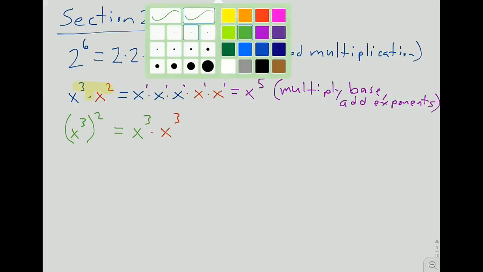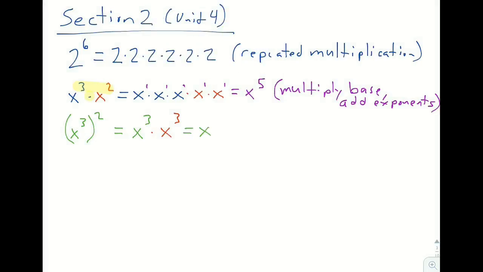And if we write that out, well, x to the 3rd is x times x times x. X to the 3rd is x times x times x. And when you combine all of that, you have 1, 2, 3, 4, 5, 6 x's, x to the 6th power. So when you have a power of a power, you end up multiplying those numbers.